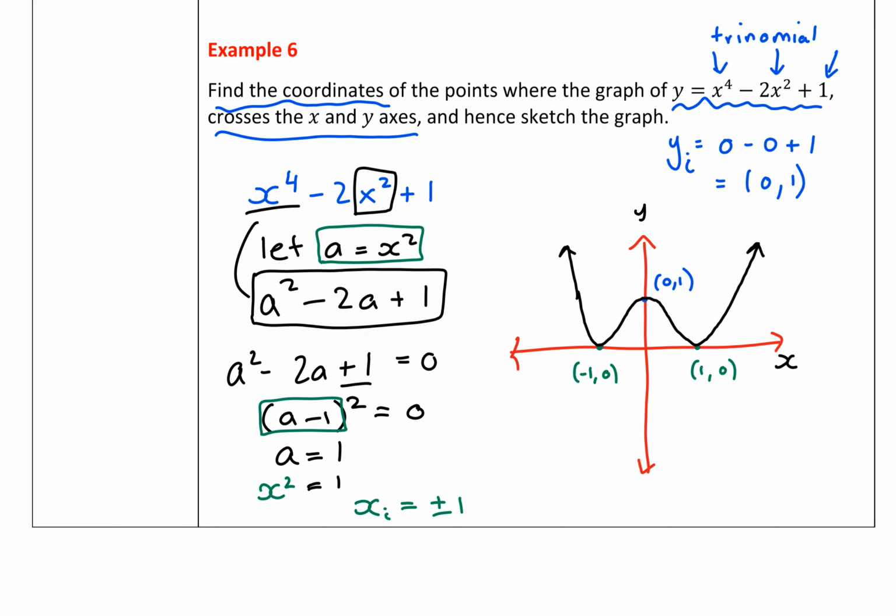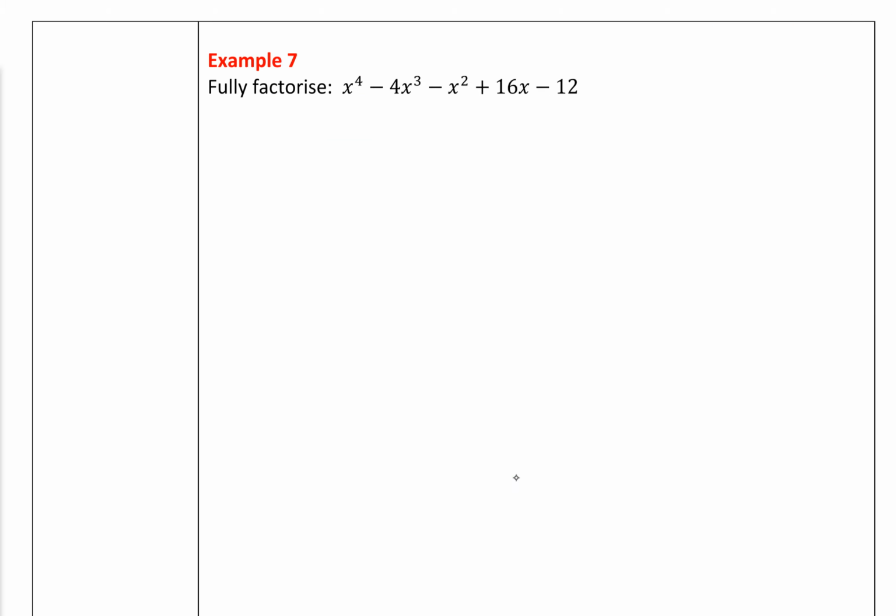We've got x, y, and now we've sketched something in standard form. So it's always really, really important that we're able to recognize quadratics even when they're not as straightforward as we might imagine. In this question, we're asked to fully factorize something that's all the way out in standard form.